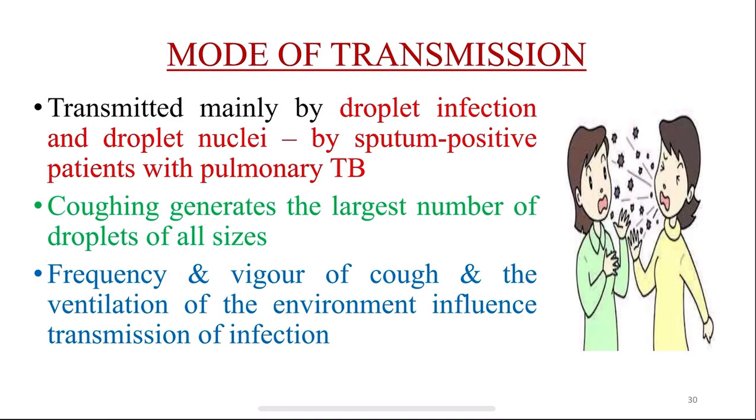Moving further to the mode of transmission, it is transmitted mainly by droplet infection and droplet nuclei. It is generated by sputum positive patients with pulmonary TB. So these patients who are suffering with pulmonary TB and are positive in the sputum smear, sputum positive microscopic patients, will be generating these droplets which contain the infectious organism.